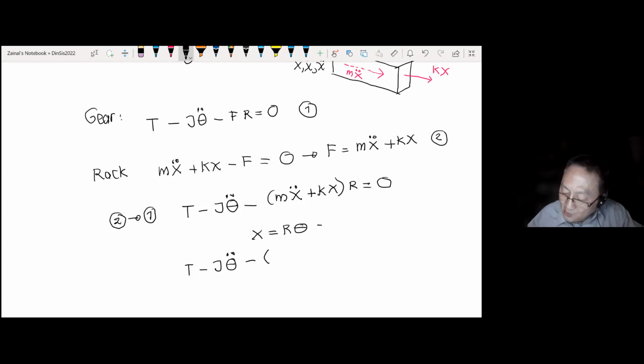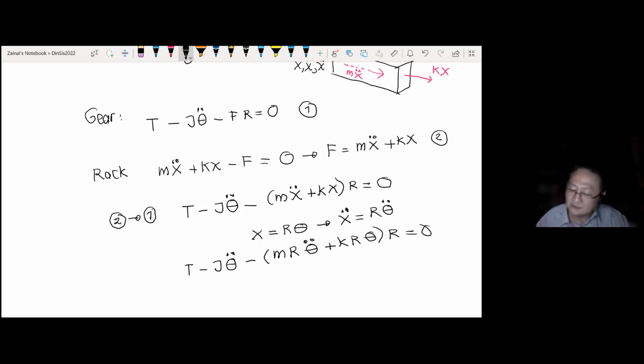Therefore, from this one, you have x double dot is equal to r theta double dot. So this one becomes m r theta double dot plus k r theta, multiplied by r, is equal to 0.